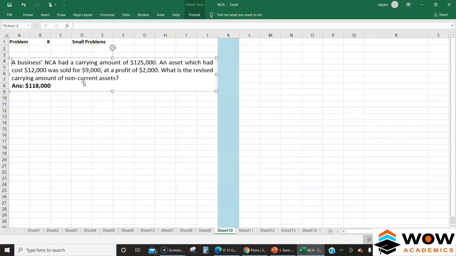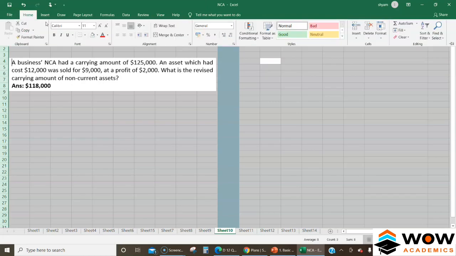Okay, so he says, see, the carrying amount refers to the cost of the asset minus the depreciation. So we should know what the total asset is worth after the depreciation which has gone. So we'll put it like this.